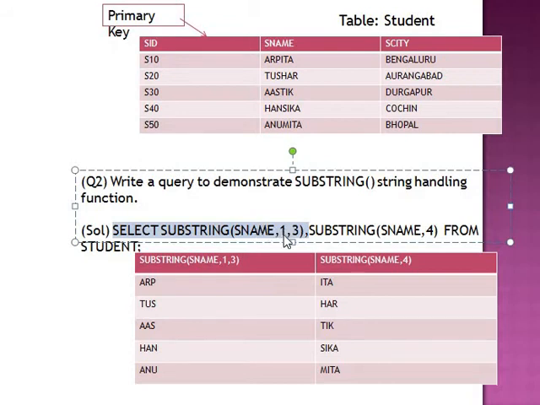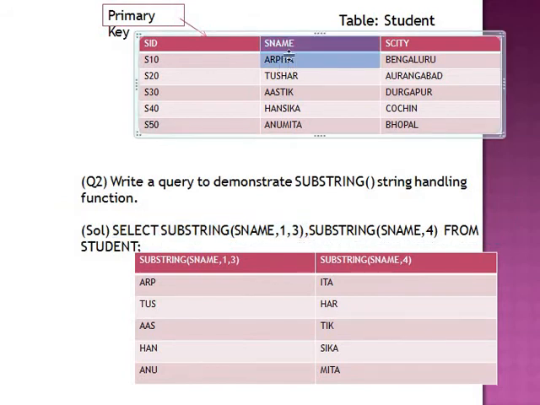Here see the first digit 1. 1 here denotes the position of the letter from where to start, and the second digit 3 here represents the number of characters to be extracted, including the letter or the character at the position 1.